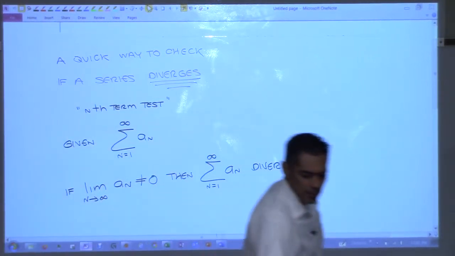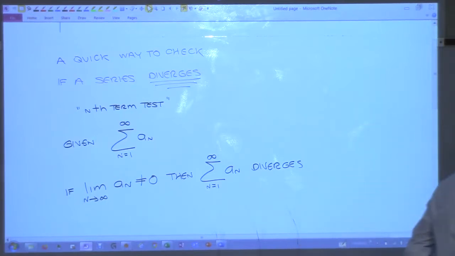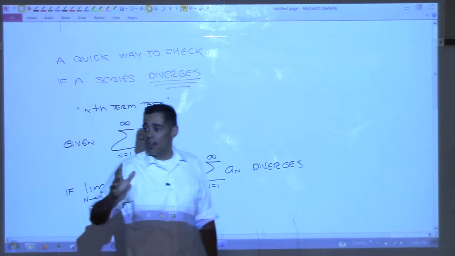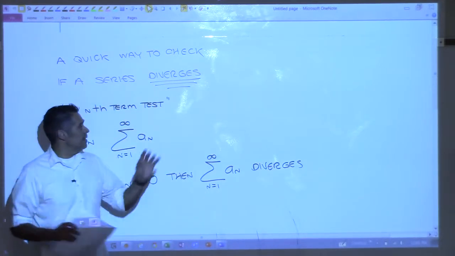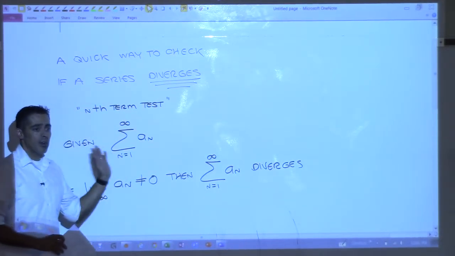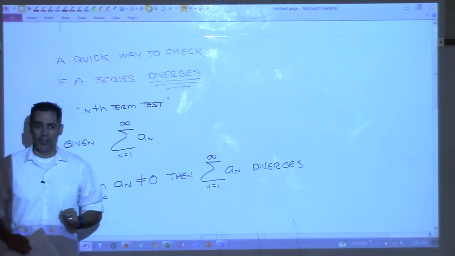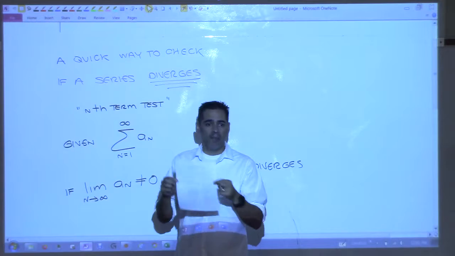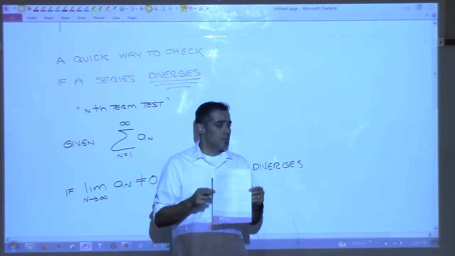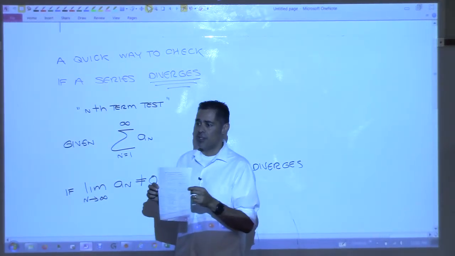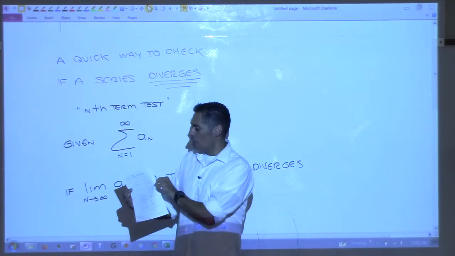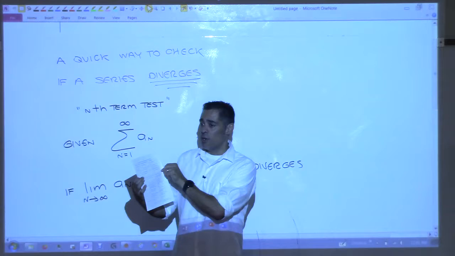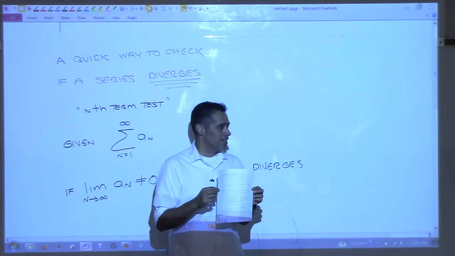So what you're looking at here, all right? I said the main goal from here on is, given a series, for us to determine whether or not it converges or diverges. And this is a summary of all the different things that we might have to do to check to see if a series converges or diverges. This is called the summary of convergence and divergence tests for series.